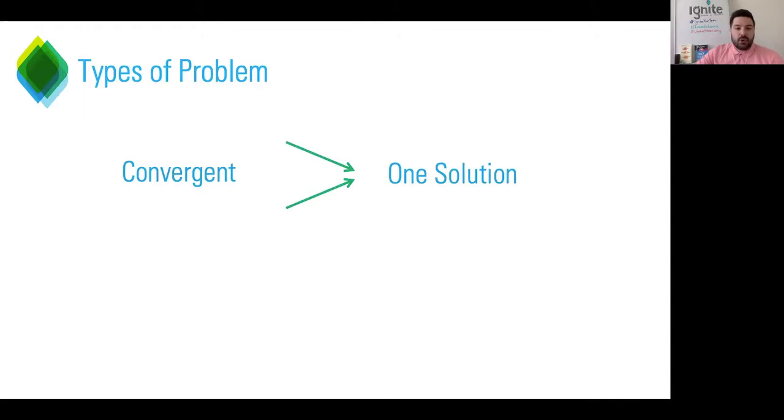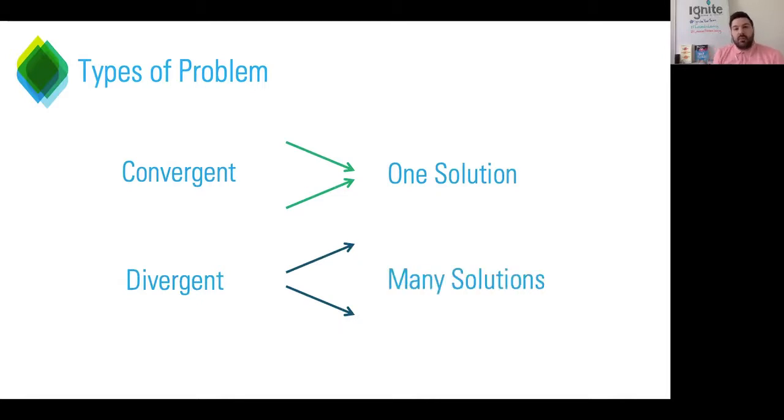But there are other types of problems, and that is divergent problems. Quite the opposite to convergent, they offer us many solutions. We tend to think that most problems are convergent and we just need to find one solution, when in fact, a lot of things that are presented to us on a daily basis can have many different solutions.